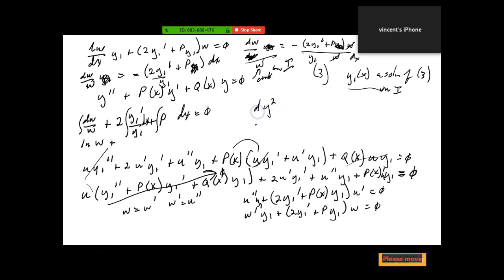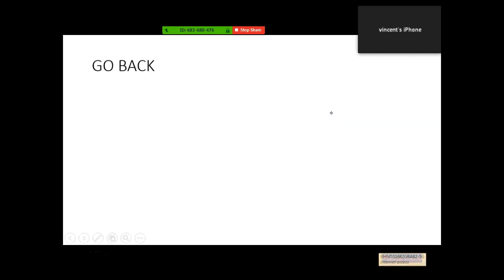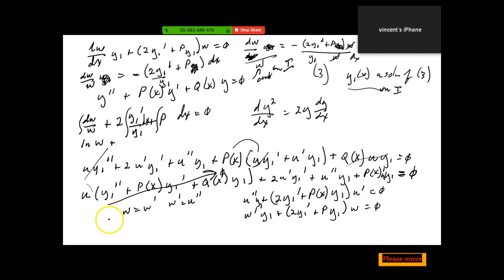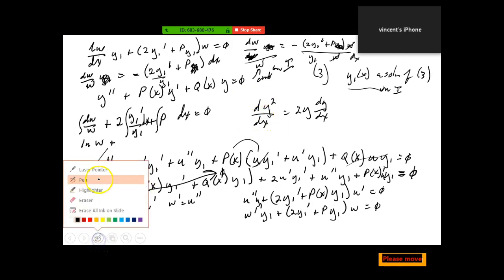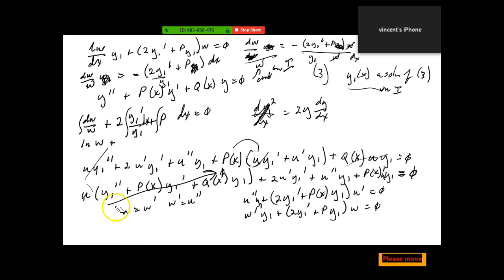Okay, d of y squared dx would be 2y dy dx. I'm not sure. I think I was right the first time. That still doesn't have it right. I think I just made a silly error. Okay. I was getting too fast.